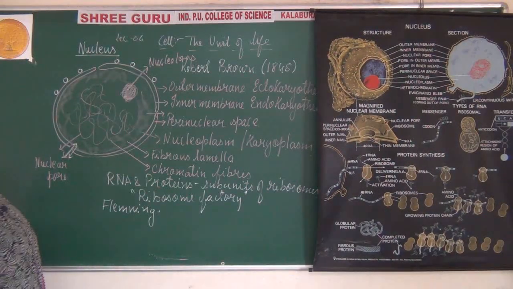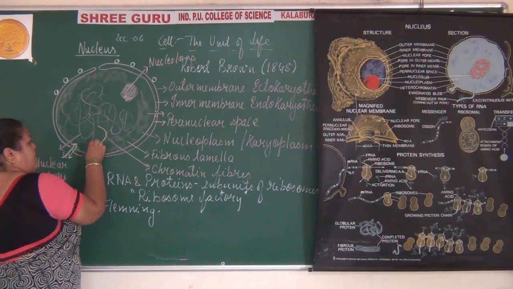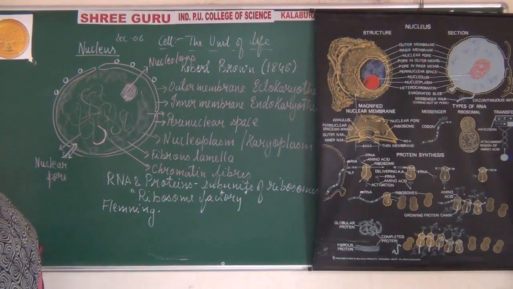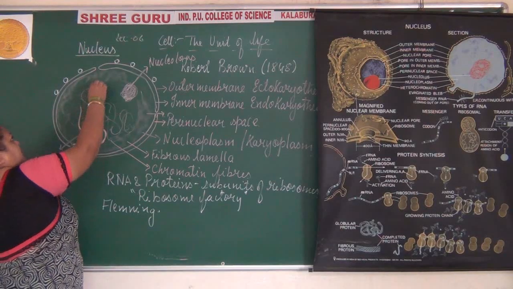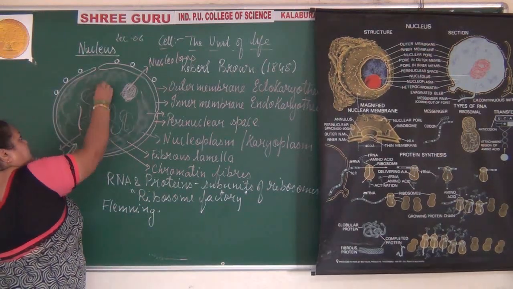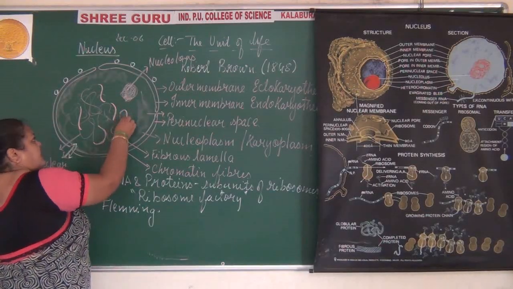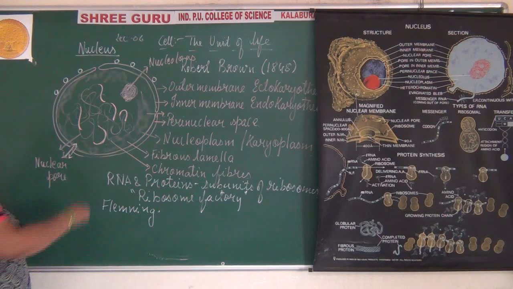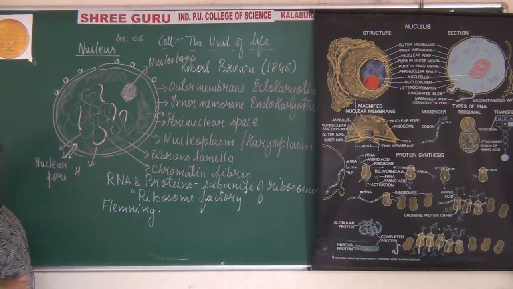When the nucleus is stained, at certain regions the chromatin fibers appeared dark, absorbing the stain. This part was known as heterochromatin.